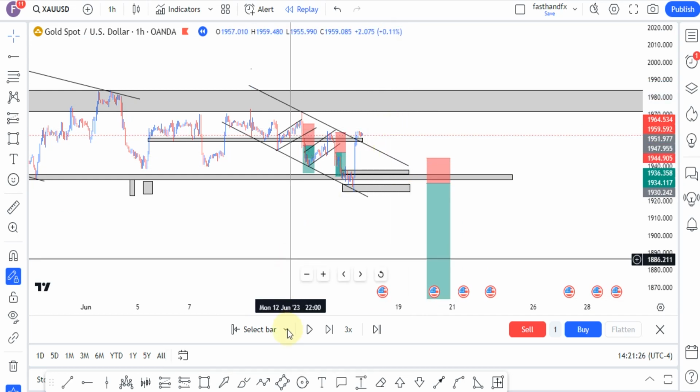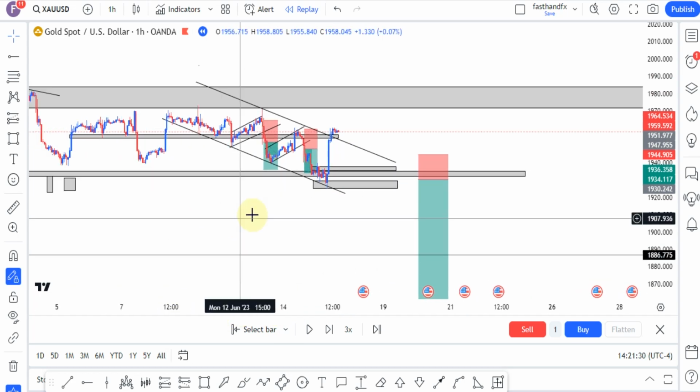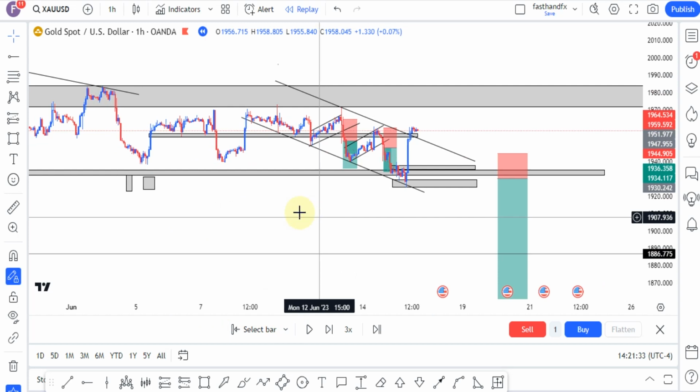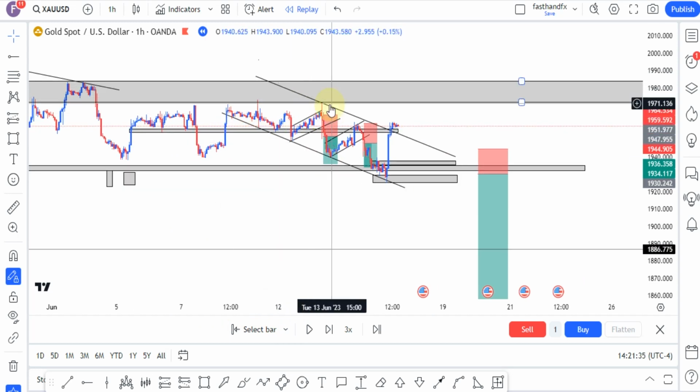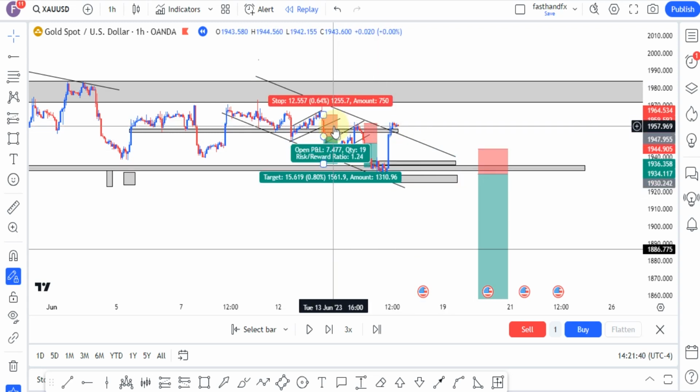So at this point we cannot take any entry, because as you can see, this was our first touch, this is our second touch, and on our second touch the market has taken out these areas.